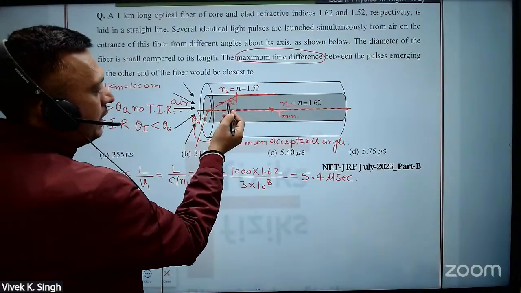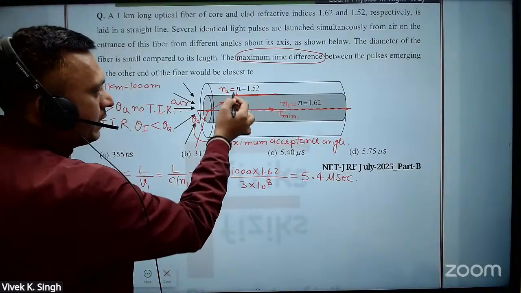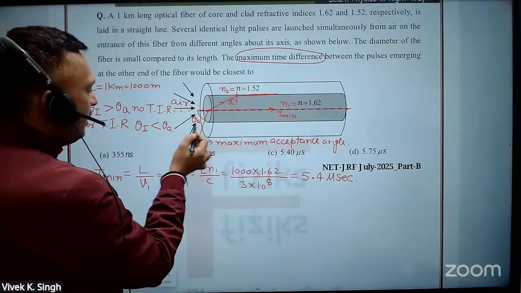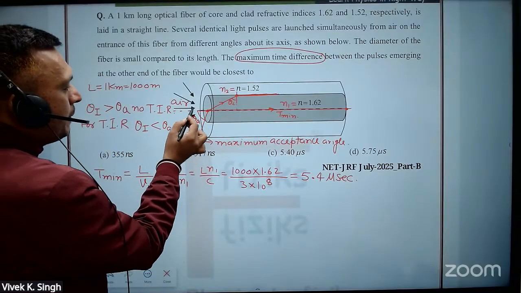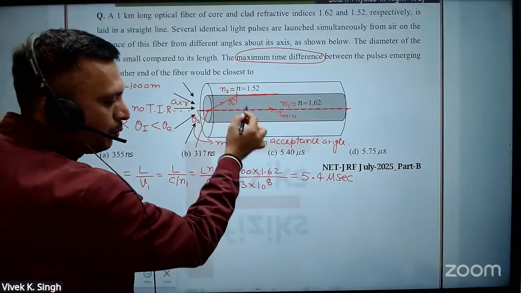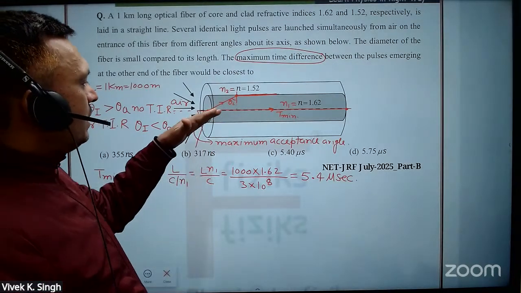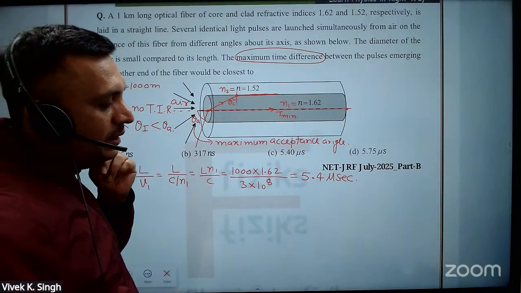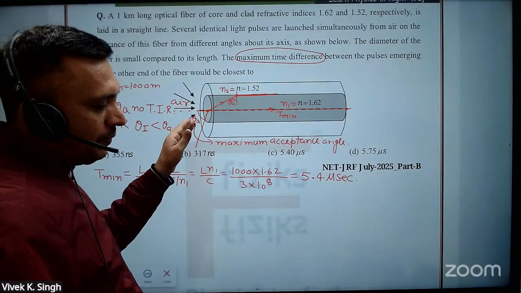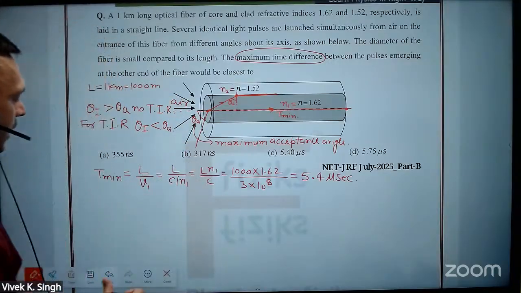Means at this angle, if the incident angle exceeds theta C, there will be total internal reflection, if you are seeing at the core cladding interface. If you are seeing at the air core interface, if theta I is less than theta A, then light will propagate through total internal reflection. So that's why theta I should be slightly less than theta A, and for maximum time I am considering this particular angle, taking theta I equal to theta A.